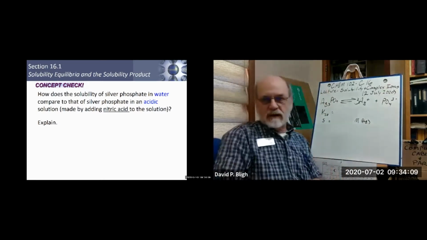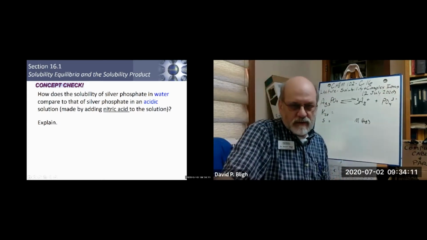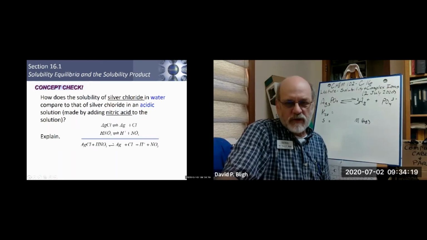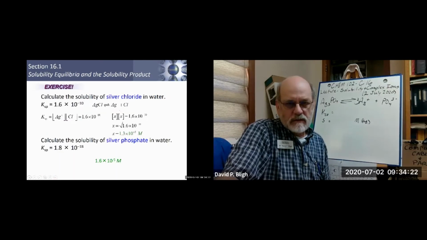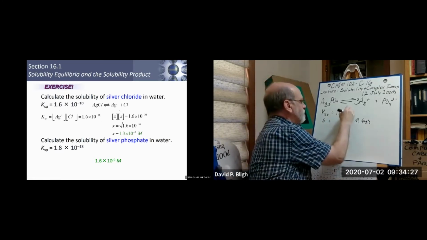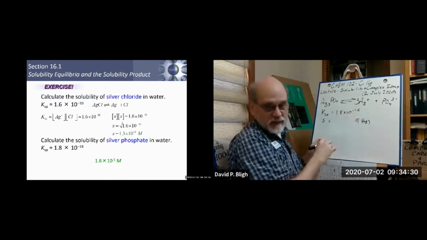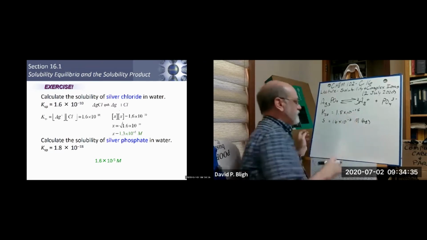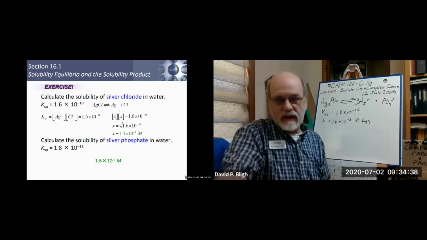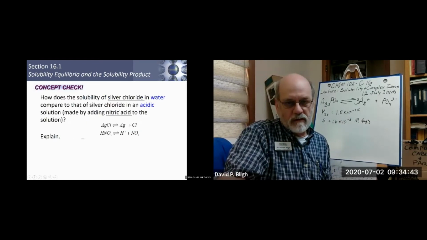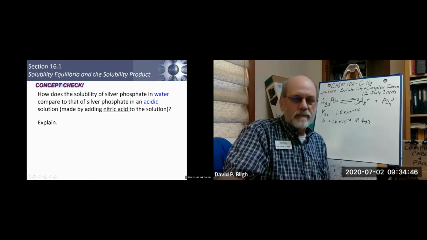There we go. So let me back up and get the right numbers. I want to put actual numbers here. Phosphate, 1.8 times 10 to the minus 18. And the solubility in water we found to be 1.6 times 10 to the minus 5. Okay, now we can go ahead.